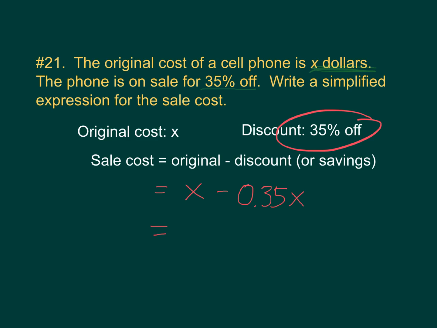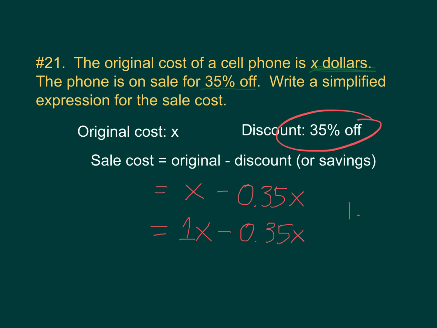Okay, so X minus 0.35x is the same as 1x minus 0.35x. Okay, so you will subtract.